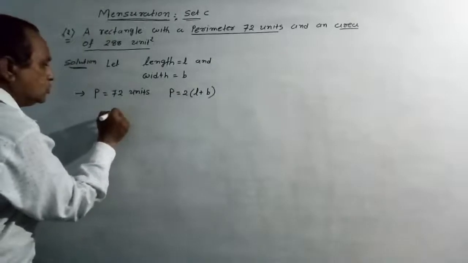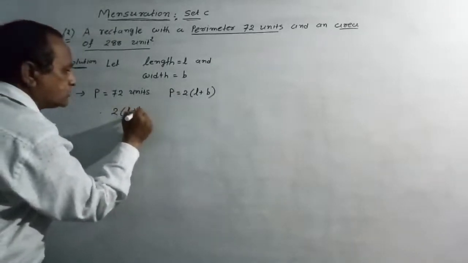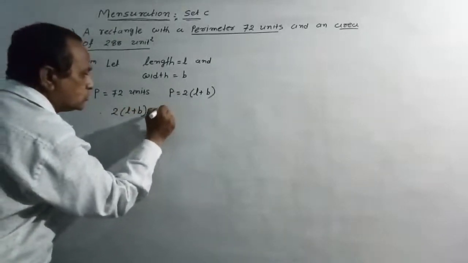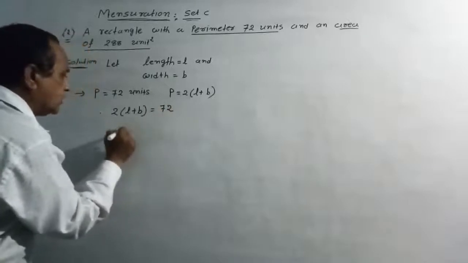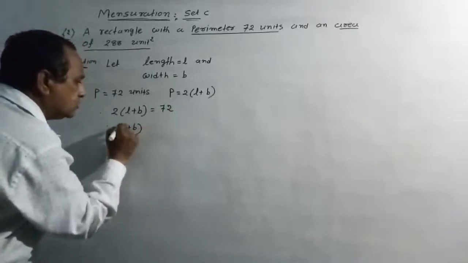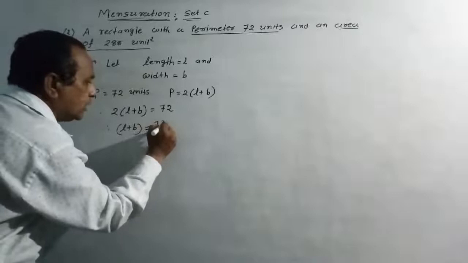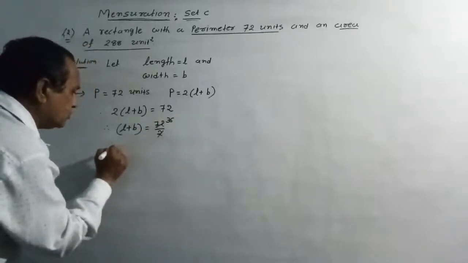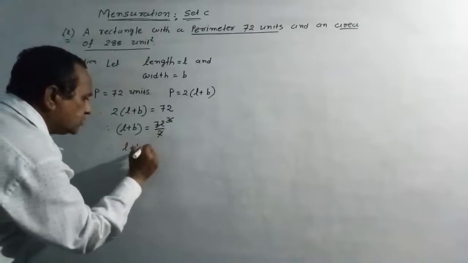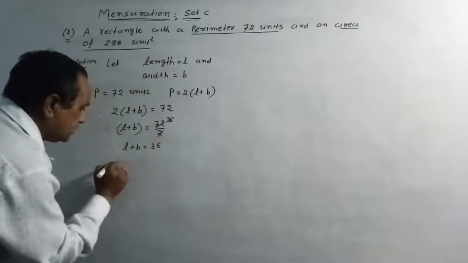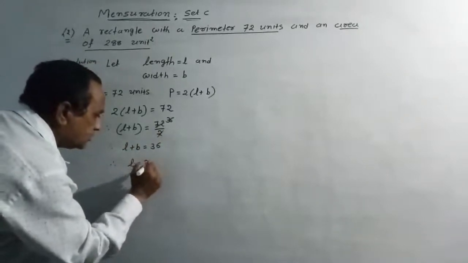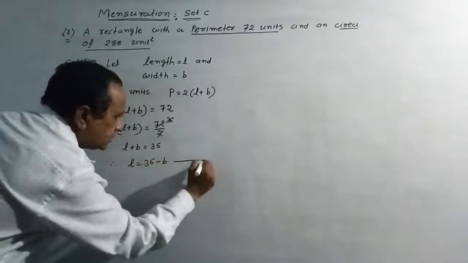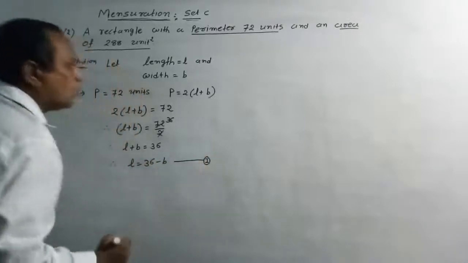So 2 times (L plus B) is equal to 72. So L plus B is equal to 72 by 2, that is 36. Then L is equal to 36 minus B. This is equation number 1.